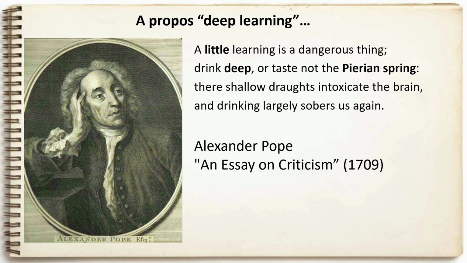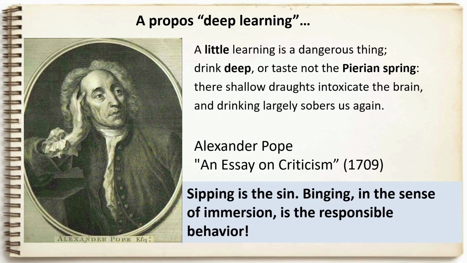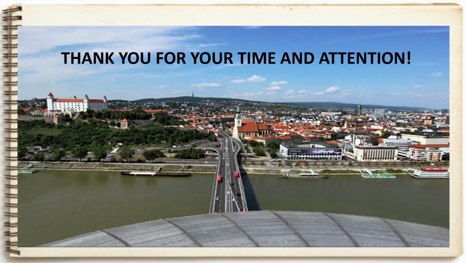Drink deep or taste not the Pierian spring, where shallow draughts intoxicate the brain, and drinking largely sobers us again." So when going to the source of knowledge, we should not sip, but we should binge. And in the sense of immersion, this is the responsible behavior. And I think this is a little bit a problem of our world today, that very often we remain on the surface and do not go deep enough. And with that, I would like to thank you for your time and attention.